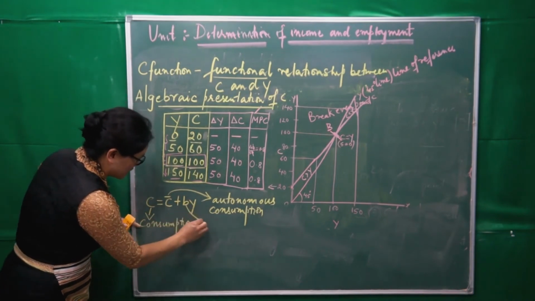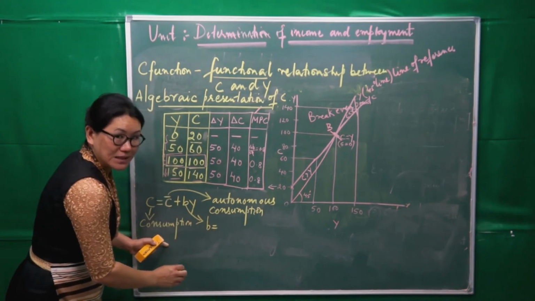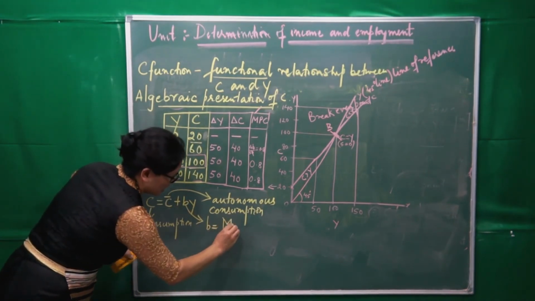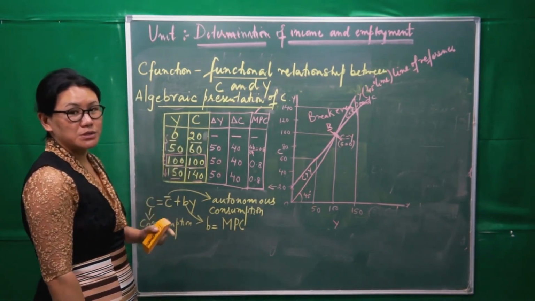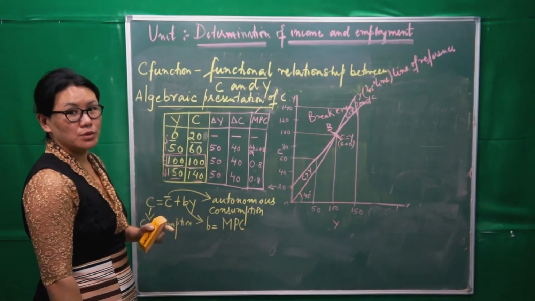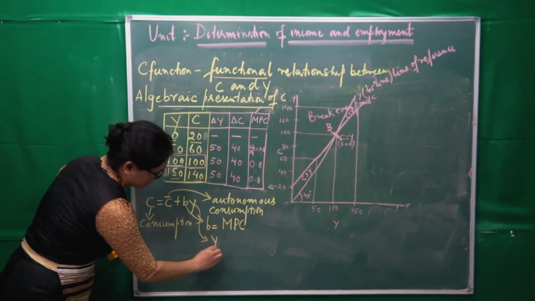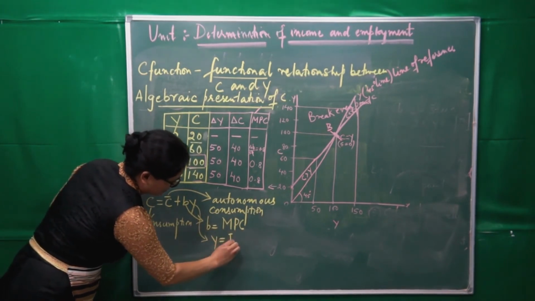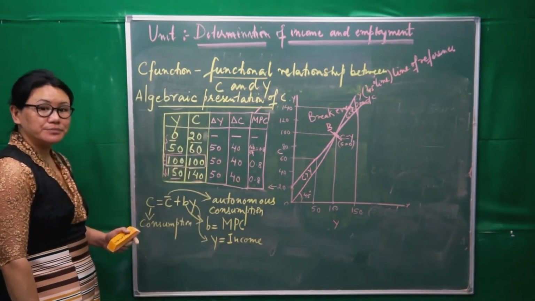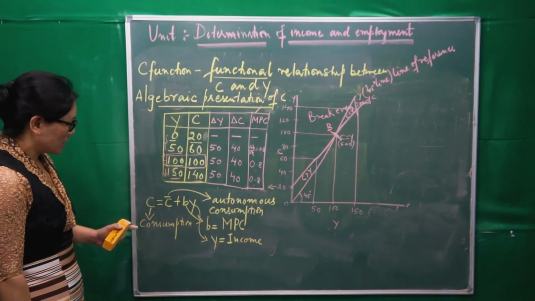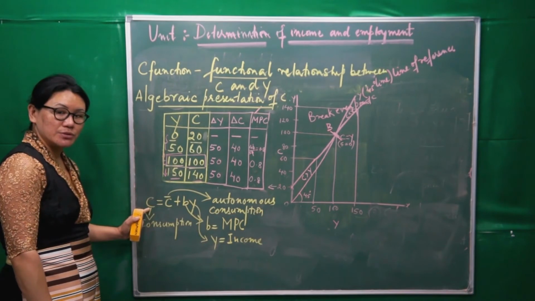Then we have this B. This B is MPC. Alright, that is marginal propensity to consume. This is Y. Income. Clear? Okay, so these are the components of consumption.